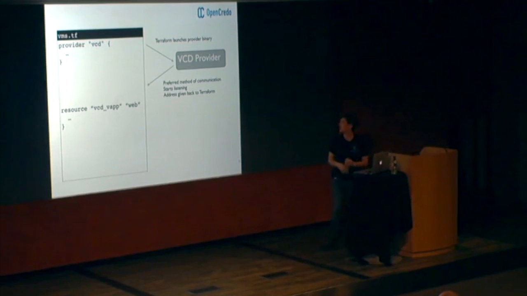Now, on Windows, that's going to be opening a port and telling Terraform, you can communicate with me on this port. For Mac and Linux, you're going to get a domain socket. Once it's worked that out and opened that method of communication, it gives that info back to Terraform. And from then on, any time a resource needs that binary, it will use the communication method given to it.